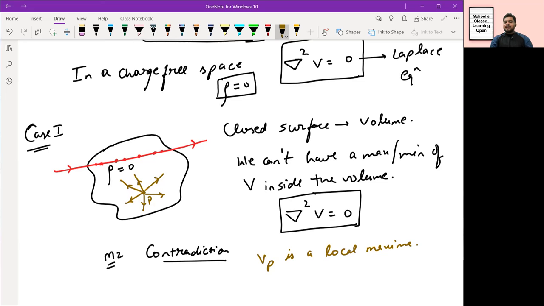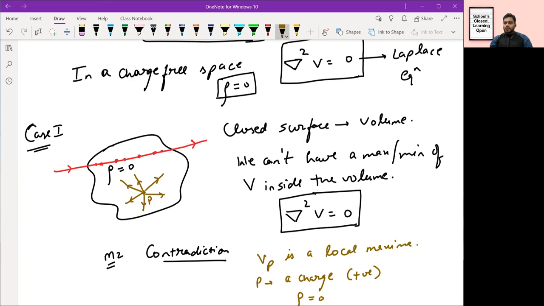Now, if electric field lines are like this, then P should have a charge, a positive charge actually, because it is becoming a source. Electric field is getting originated, a point source, right? And we have already given that rho is 0 everywhere inside the cavity. So our assumption that P can be a maxima is wrong.